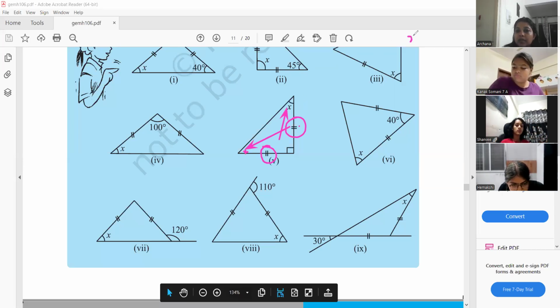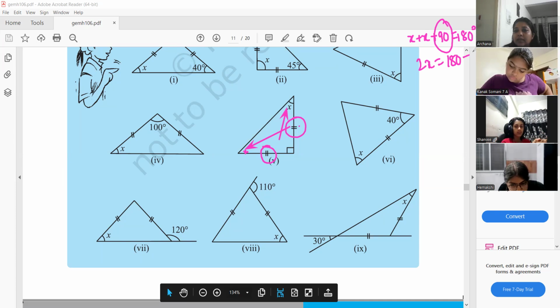So you can solve it like this: x plus 90 is equal to 180. So 2x is equal to 180 minus 90, x is equal to 90 upon 2, x is equal to 45. So whatever answer you said is correct.